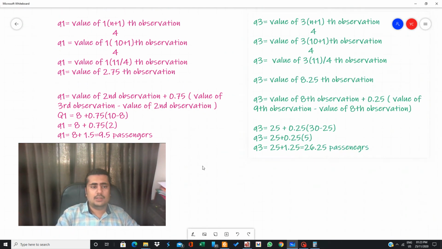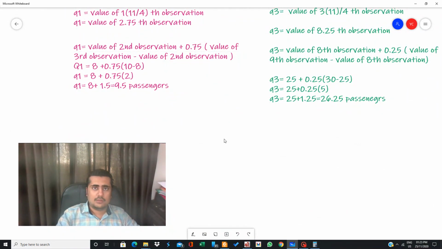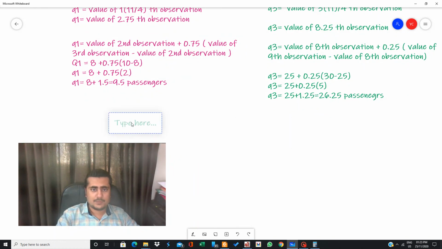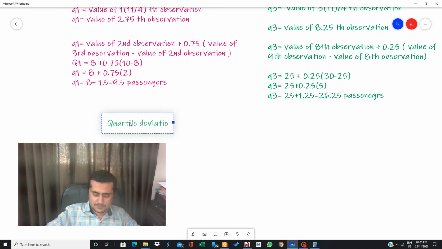So I have found Q3 and Q1. Now I'll be writing the formula for quartile deviation. What is quartile deviation?